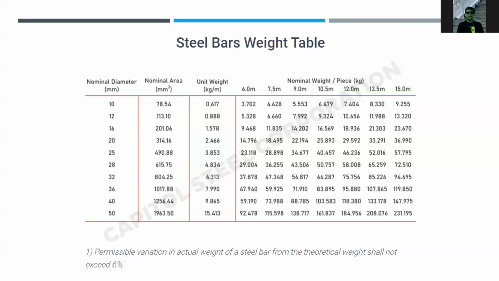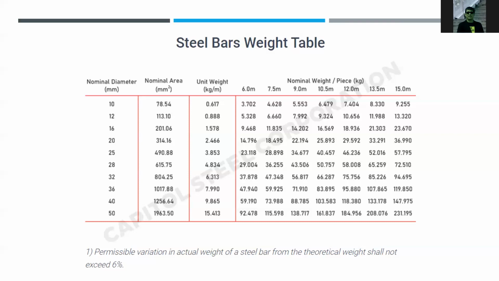Okay, so if you will create a cutting list for rebars or deformed bars for a beam, you need to make sure to identify what length of rebars you will buy so that there will be less waste in your cutting. Okay, so that is one rule.